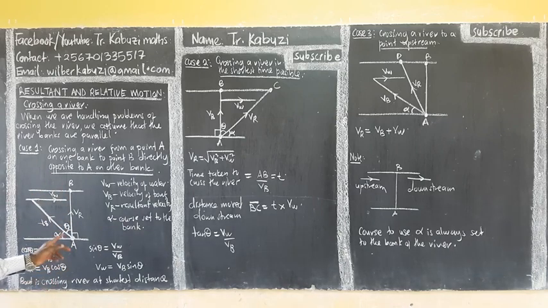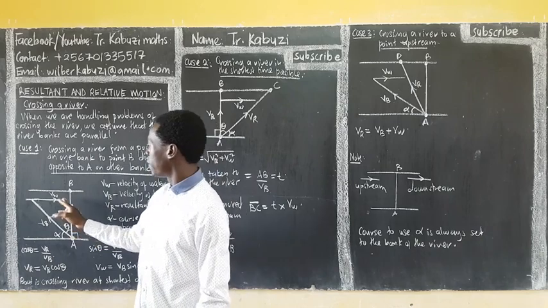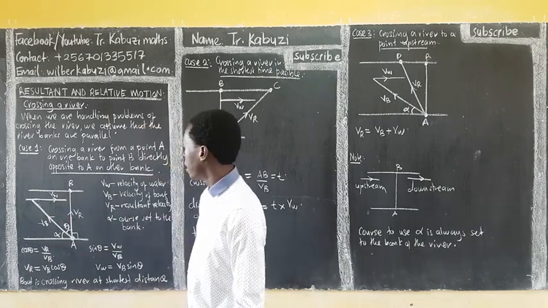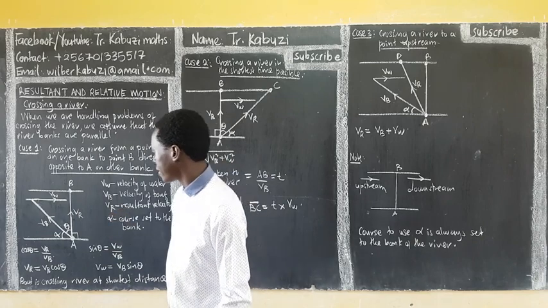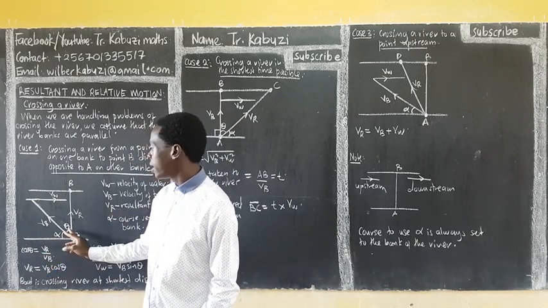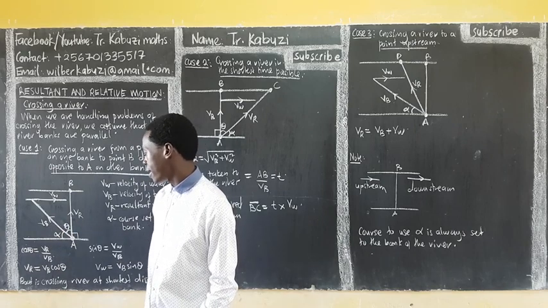When you want to go to the point directly opposite, this is always going to be our resultant. VW is the velocity of water. Of course, the river has water, so the velocity at which this water is moving is VR. Then this is the velocity of the boat or swimmer. If we have cos theta, it's going to be adjacent over hypotenuse.